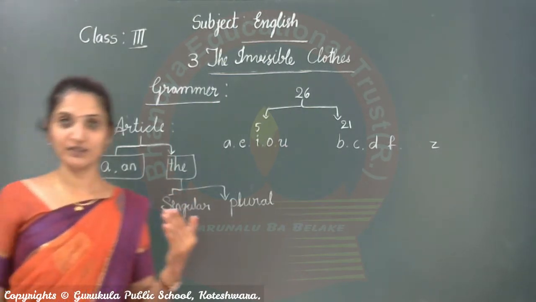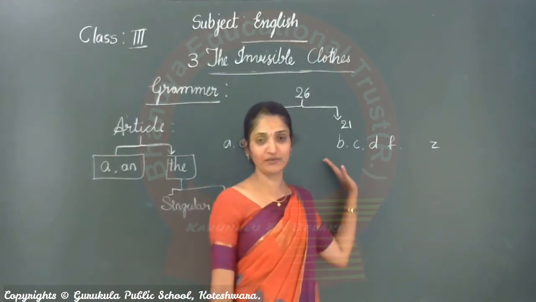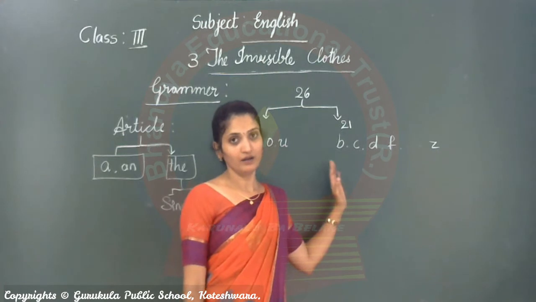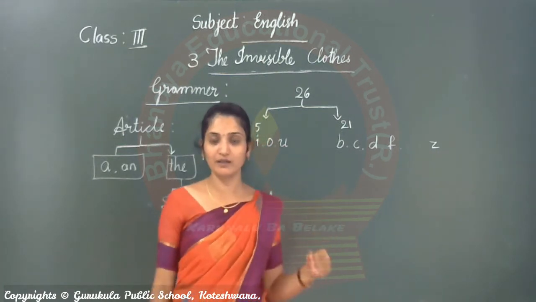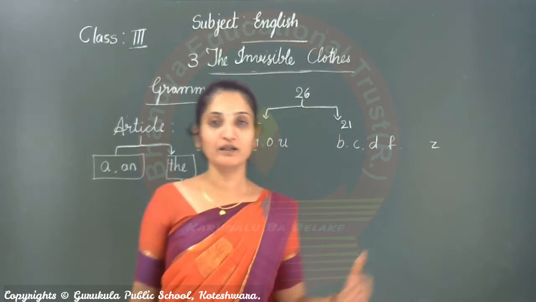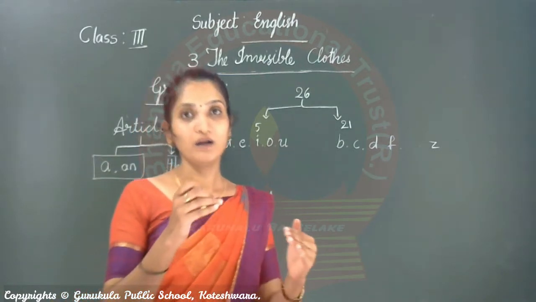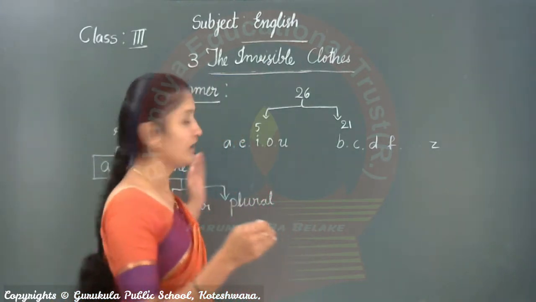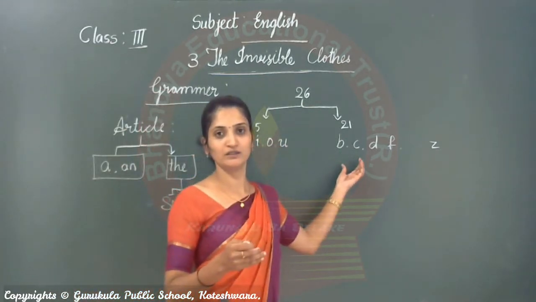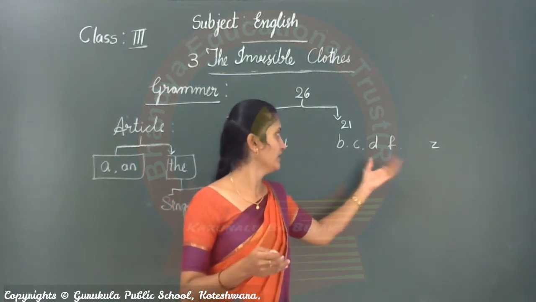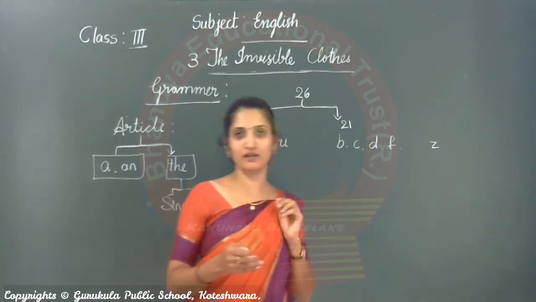If the beginning letter is a consonant, for example, ball. It is a consonant. Ball is a common noun. Book is a common noun. Book, pen, cat, dog, see, these are common nouns, right?